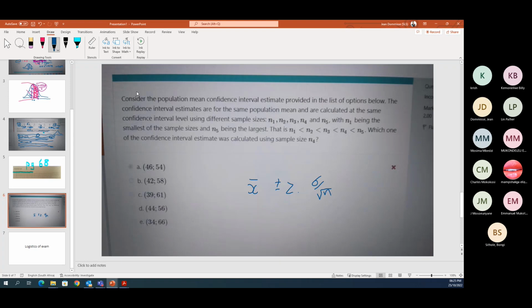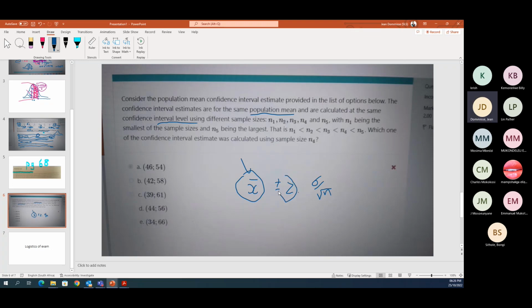Okay, so consider the population mean confidence interval estimates provided in the list of options below. The confidence interval estimates are for the same population mean. So that stays exactly the same, and they are calculated at the same confidence level.